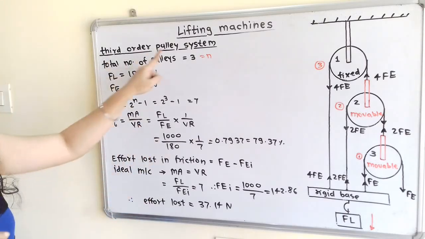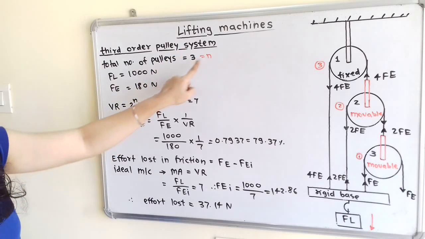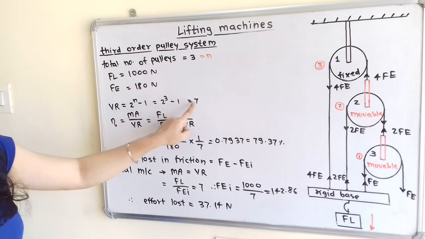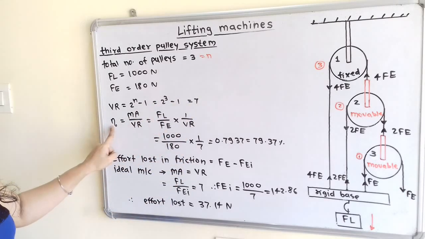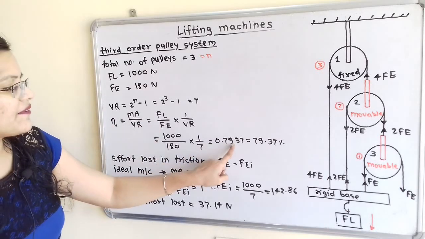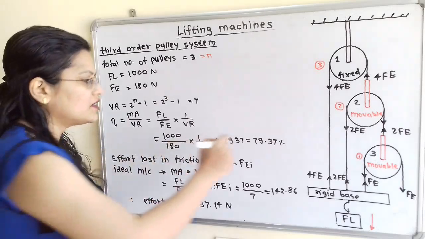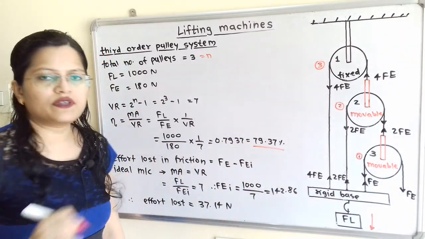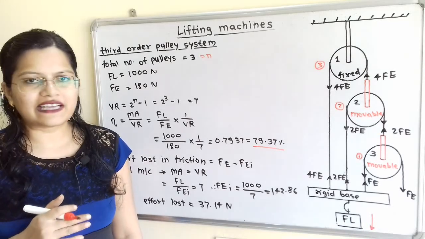For the third order pulley system, Vr is equal to 2 raised to n minus 1, where n is 3, which is equal to 7. Now when we put this value in the formula of efficiency, we get 0.7937, but we have to write efficiency in percentage, so 79.37% is the answer. Now we will move to the next question.